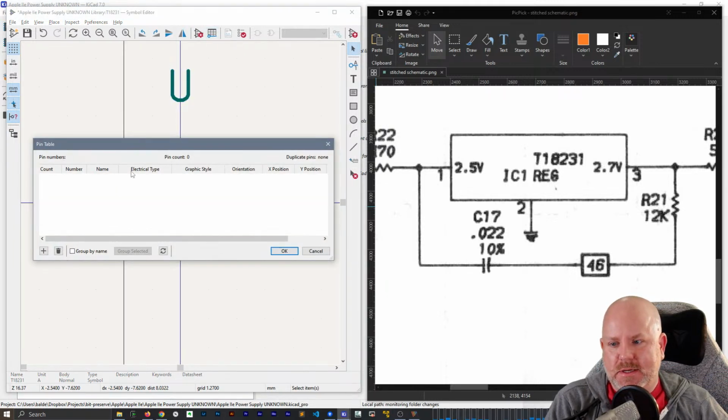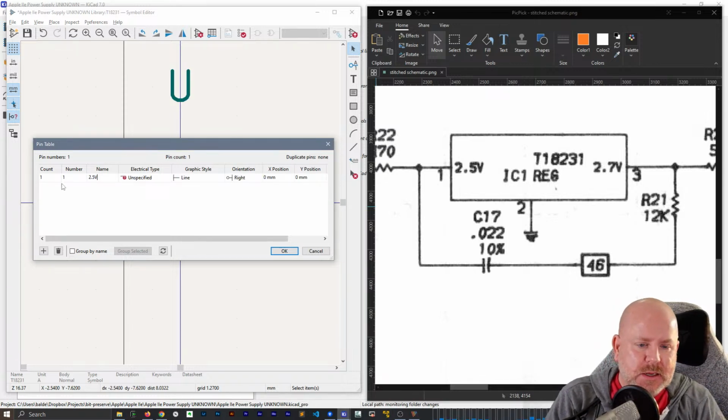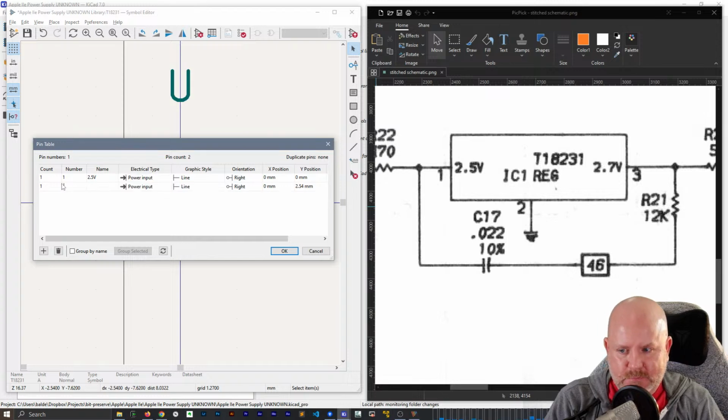All right. So I like to do it this way. I like to go into the pin table and create a pin. So pin 1 is going to be called 2.5V. And at the moment, I'm going to say it's a power input, even though I don't know. I'm taking a guess. And then we're going to go to 2.